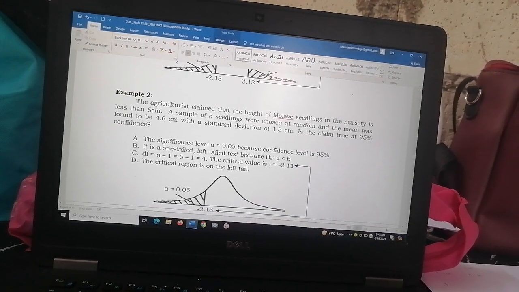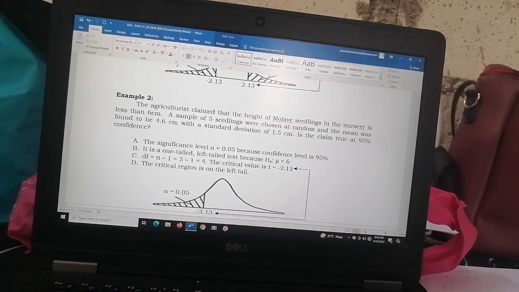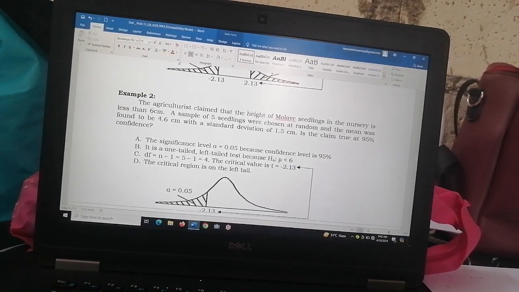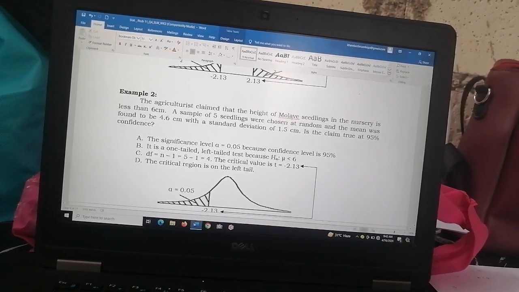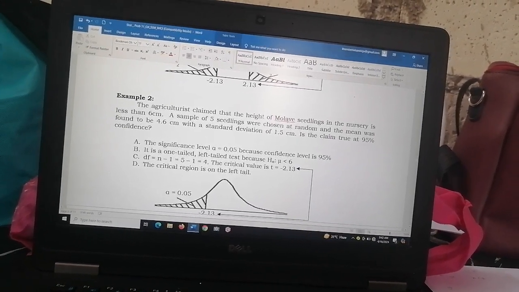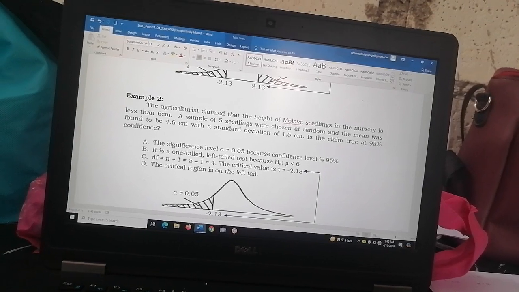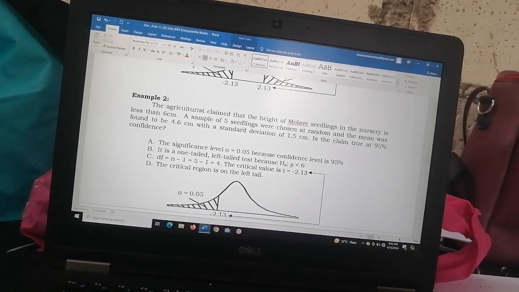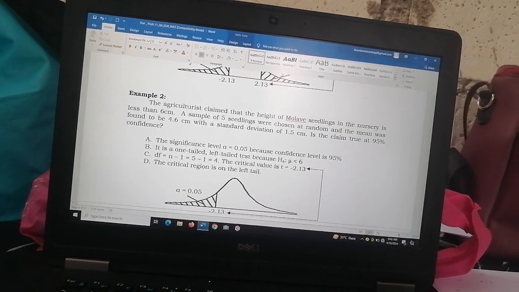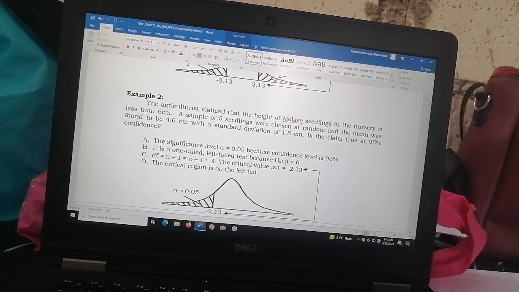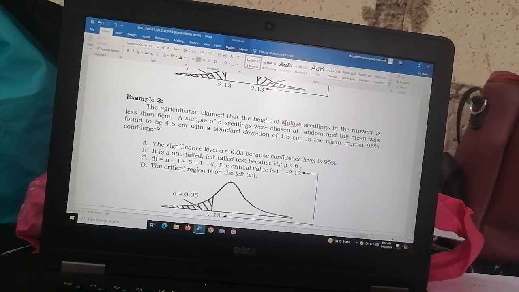Is it one-tailed or two-tailed? As you can see, it says the height of Malawi seedlings in the nursery is less than 6 cm. So, that is left-tailed or one-tailed. It is a one-tailed, left-tailed test because our alternative is mu is less than 6.